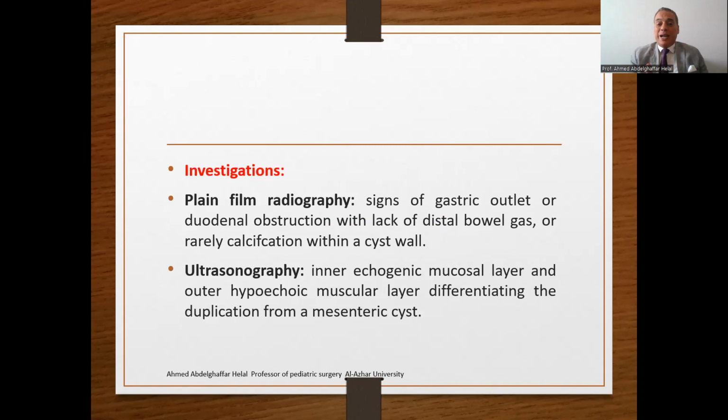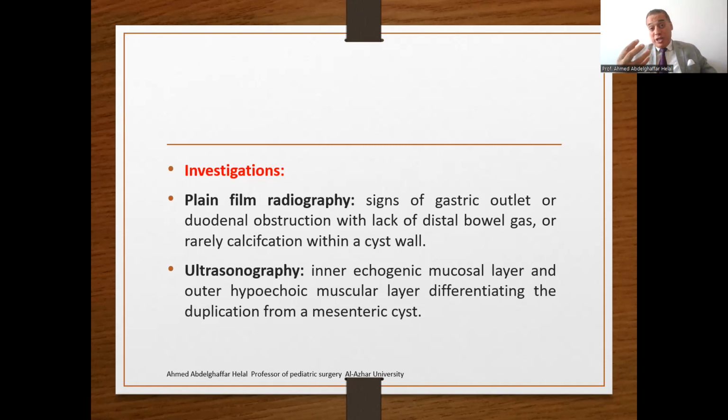Investigation: plain radiograph shows signs of gastric outlet or duodenal obstruction with the lack of distal bowel gas, or rarely calcification within the cyst wall. By ultrasound, there is an inner echogenic mucosal layer and outer hypoechogenic muscular layer, differentiating the duplication from mesenteric cyst.